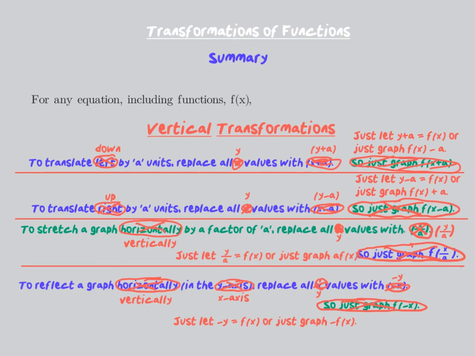So they don't want you to list the translations before you list the stretches. For instance, if you move something to the right 6 and then you stretch it by 3, then really that's the same as stretching it by 3 and moving it to the right by 18. Because once you move it to the right by 6, if you stretch it by 3, that's going to change how much you moved it to the right.